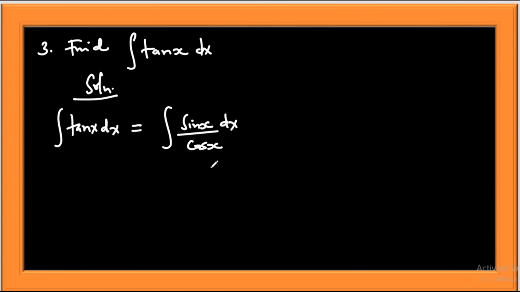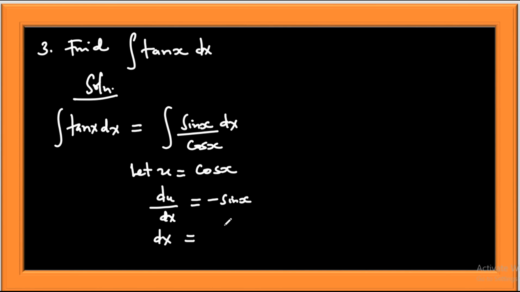Then from here, we let u be cos of x. When you differentiate it, du/dx becomes minus sine of x. And when you make dx the subject, dx becomes du out of minus sine of x.